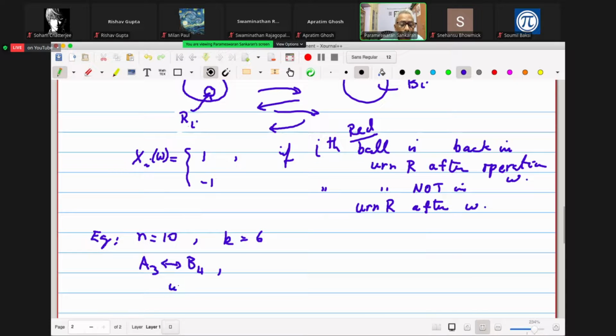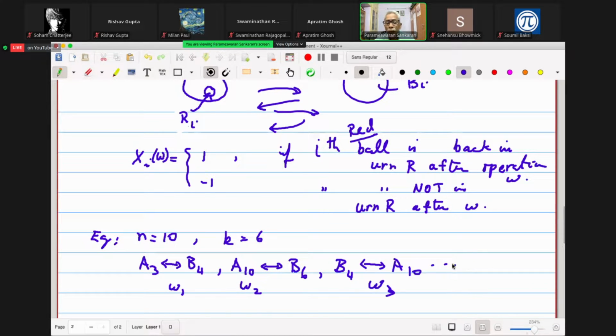This is omega 1, you may think, and omega 2 involves, so next, you may have picked A10, and here you may have picked B6, or you may have picked the next one. Let us do this. You see B4 is here, and you may have picked A10. So this is omega 3, and so on.